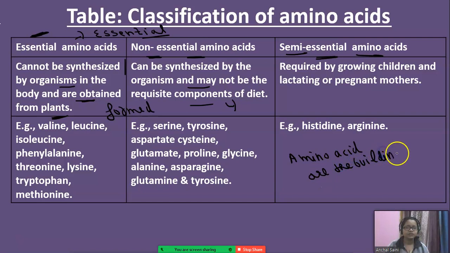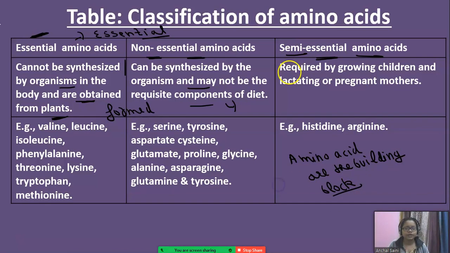That means, as we know that proteins are required for building the muscles, it clearly suggests that growing children need a maximum amount of semi-essential amino acids. Also, the lactating mothers, which are milk-feeding mothers, and the pregnant mothers need semi-essential amino acids in large amounts. So, these are the three categories of amino acids that we have discussed here: essential, non-essential and semi-essential.